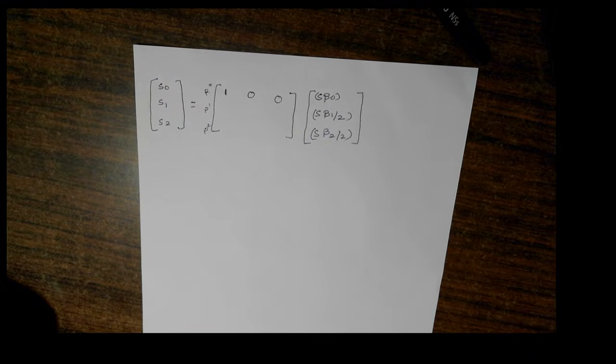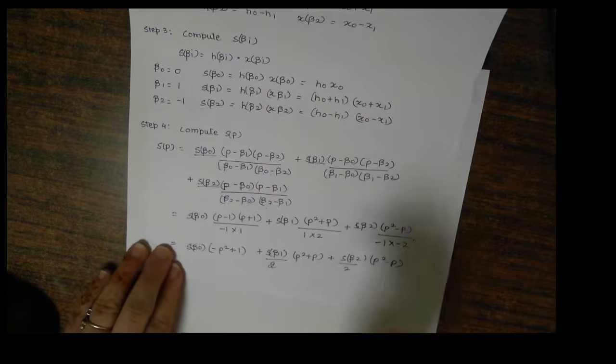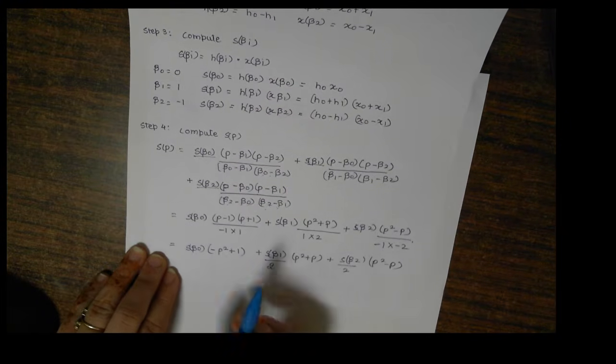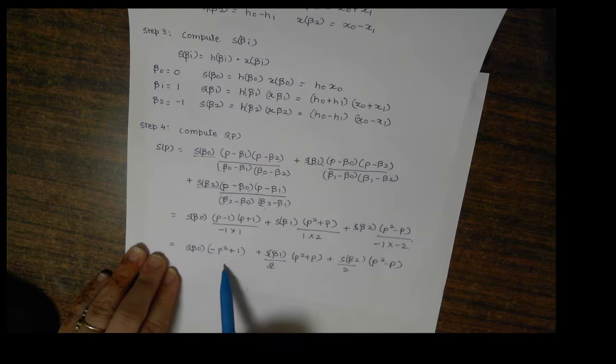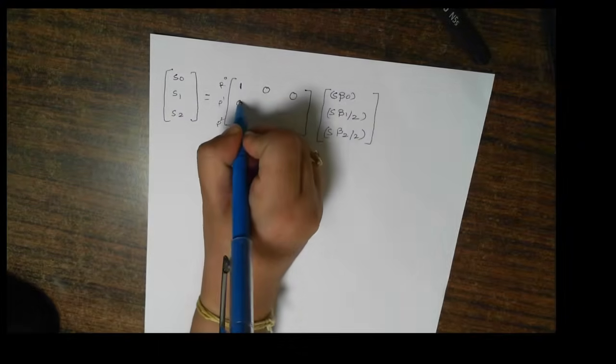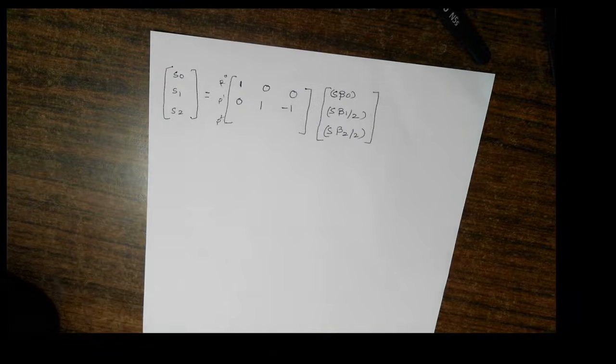Now, let us concentrate upon the second row. We have s beta 0. There is no term of p, so here we'll be having 0. There is one term of p, so 1, and the coefficient of this p is minus 1. So the second row will be 0, 1, minus 1.